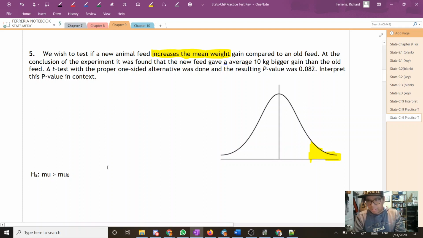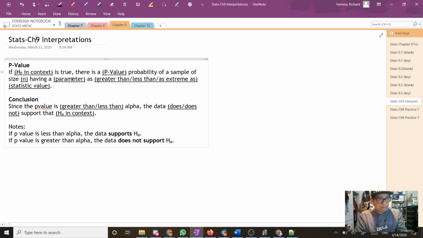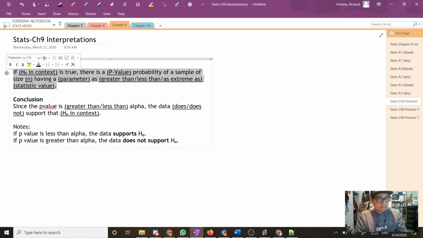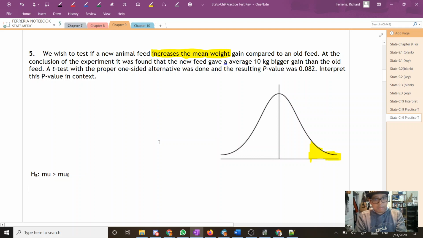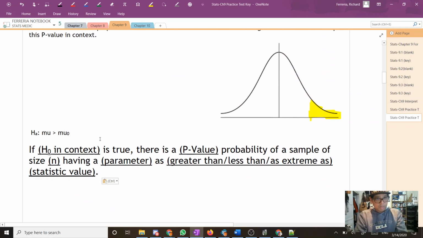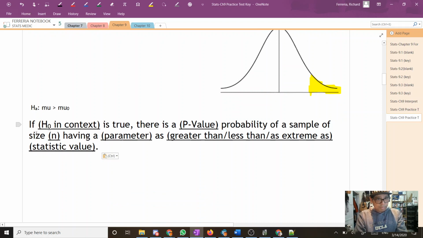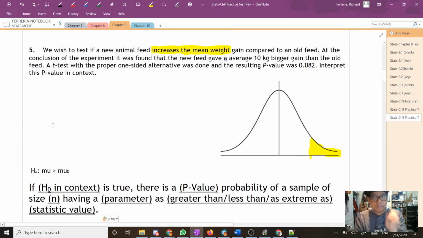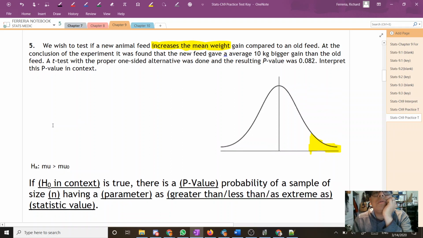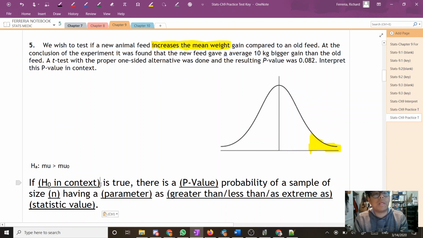Interpret that value. All right, so this is the part that we're looking at. Lucky for you, we have Ferraria's wonderful interprets here. So we're going to do our p-value interpretation. Copy that. And we're going to put it over here. And we're going to put whatever we can here. If H not in context. See, do we have a value? Do we have H not? No. So we do know it's mean weight gain.